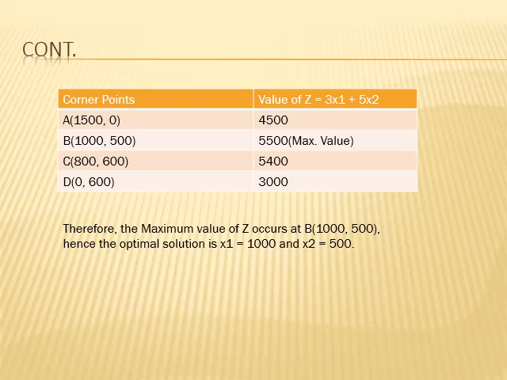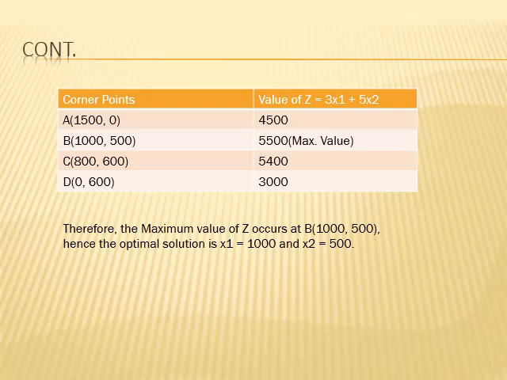Let's substitute these values and we will get z equal 3 times 800 plus 5 times 600. The result is 5400. The last corner point D, where x1 equal 0 and x2 equals 600, so z equal 5 times 600 equal 3000.